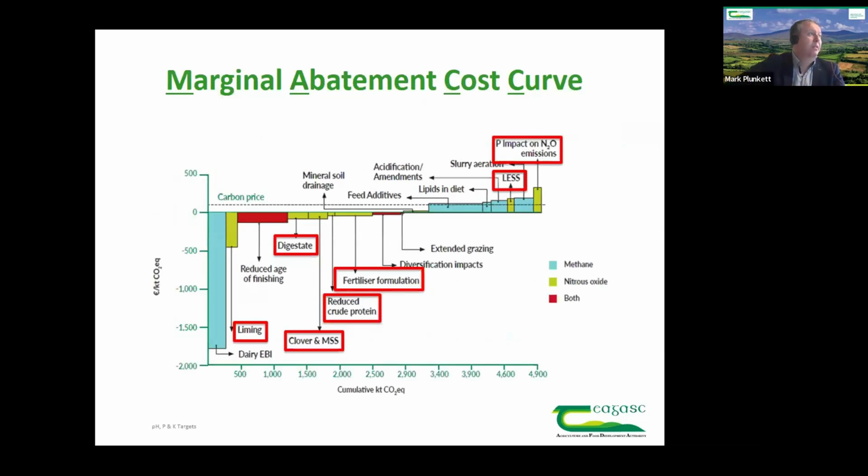Maybe I'll pull you back a little bit here and go back to the MAC, or the marginal abatement cost curve. There are a number of technologies that are proven in our MAC. This is our roadmap in terms of reducing carbon emissions. It includes liming, digestate, clover and multi-species, reduced crude protein, fertilizer formulation, low emission slurry spreading, and the improvement in soil P fertility.